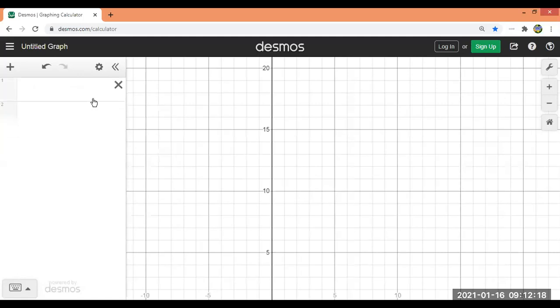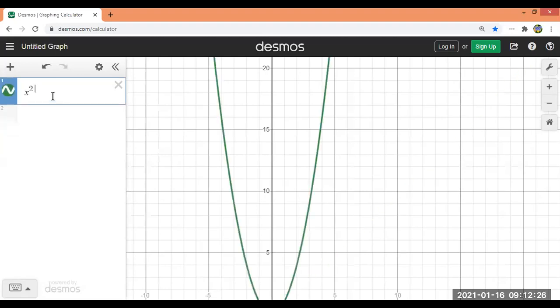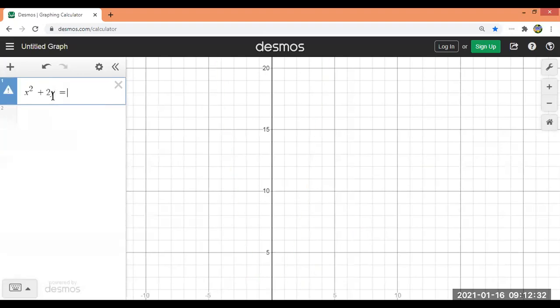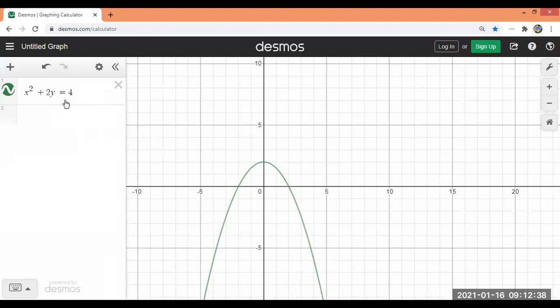Another question can be like this. What happens if the degree is 2, let's say x squared plus 2y equals any number, 4? It has 2 variables, but is the degree 1?